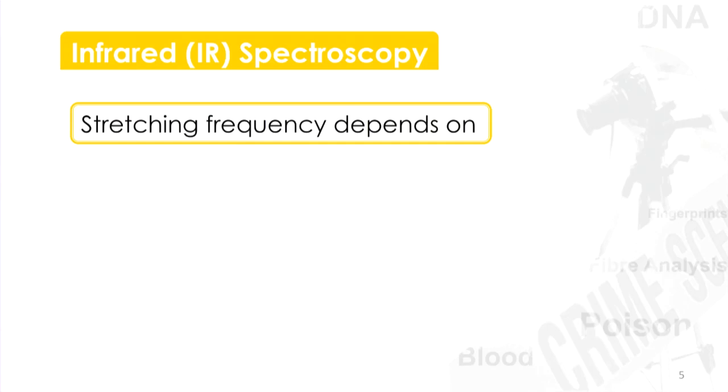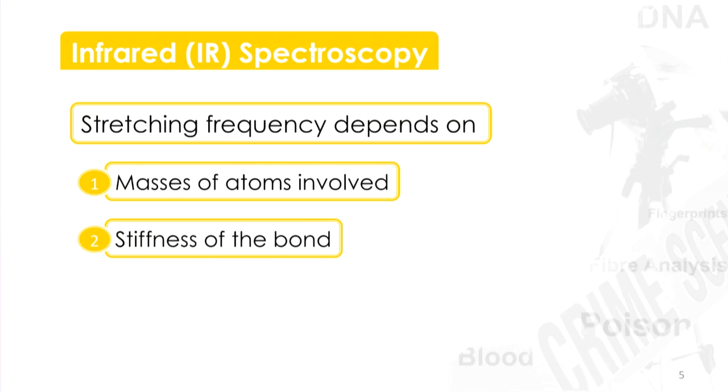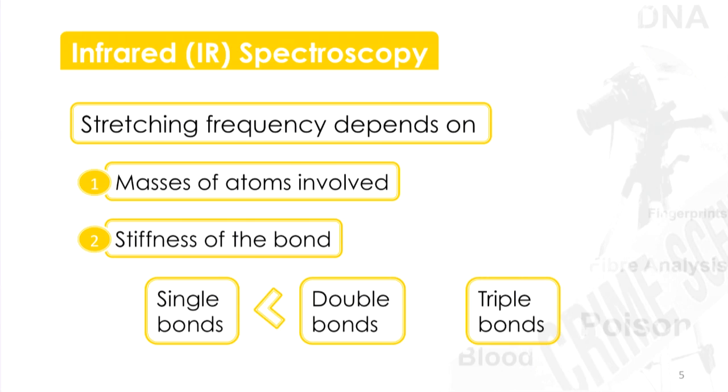It depends on the masses of the atoms involved, and it depends on the stiffness of the bond. Now, chemical bonds in organic molecules come in three types: single bonds, double bonds, and triple bonds. Single bonds are less stiff than double bonds, and triple bonds are the most stiff of all.